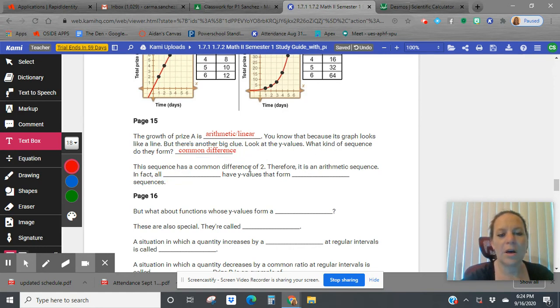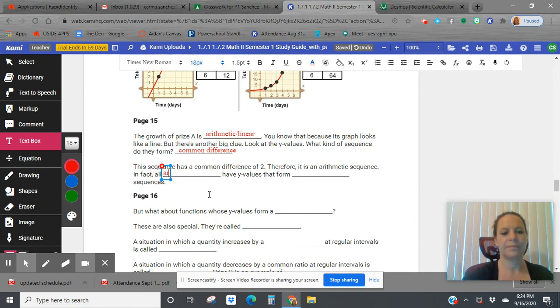The sequence has a common difference of 2, therefore it is an arithmetic sequence. In fact, all linear functions have y values that form arithmetic sequences.